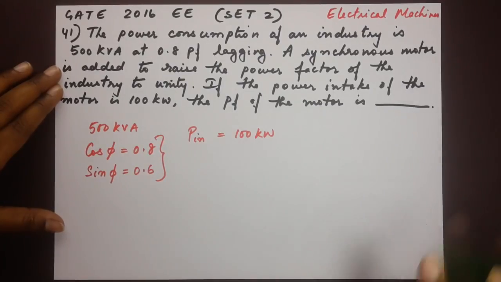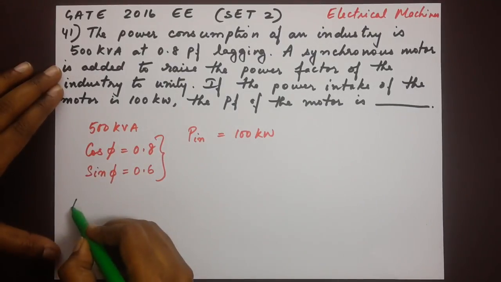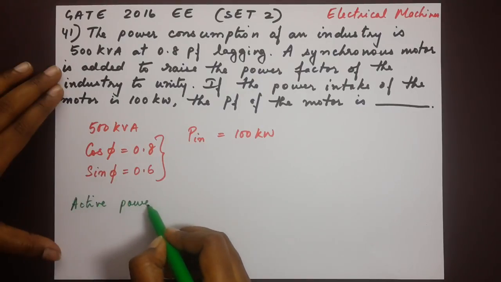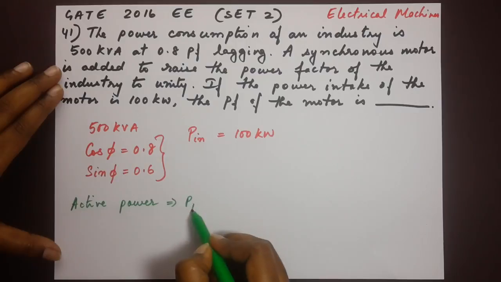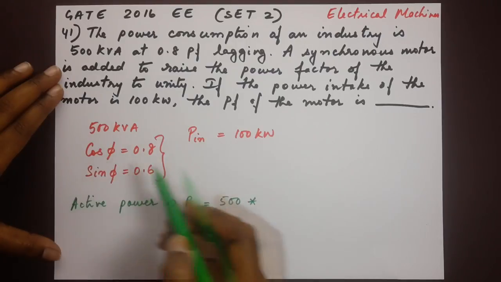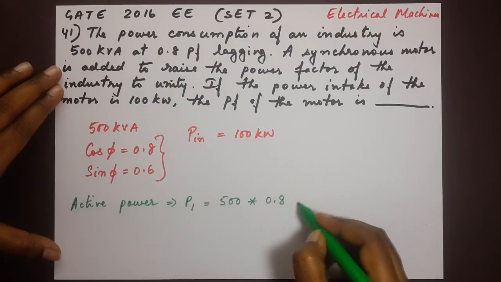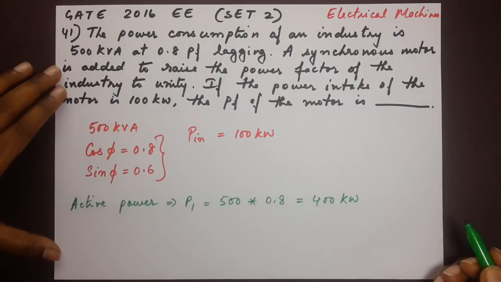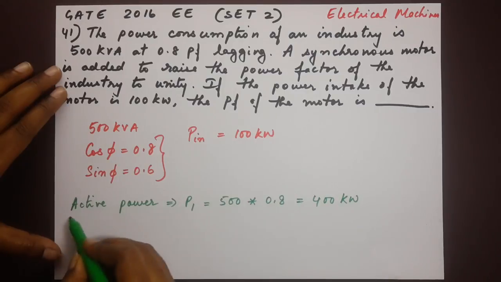Let's start with the active power. We'll call that P1, which would be 500 times cos phi, which is 0.8, and that comes to 400 kilowatts. Next we need the reactive power.